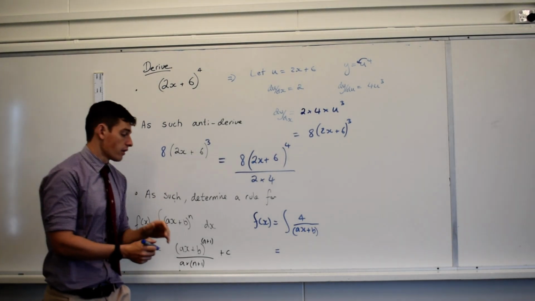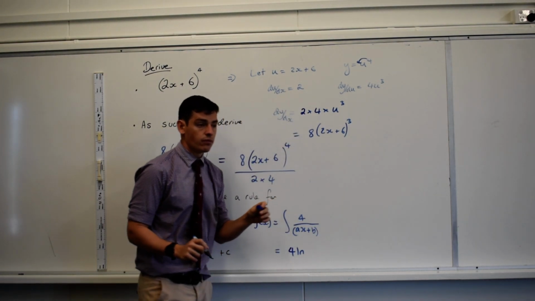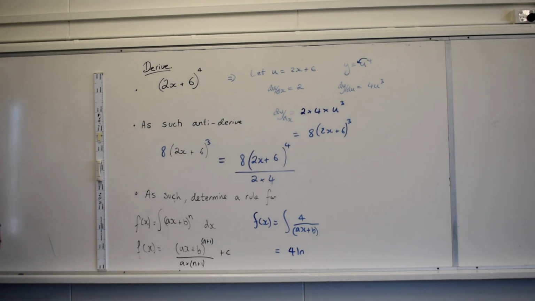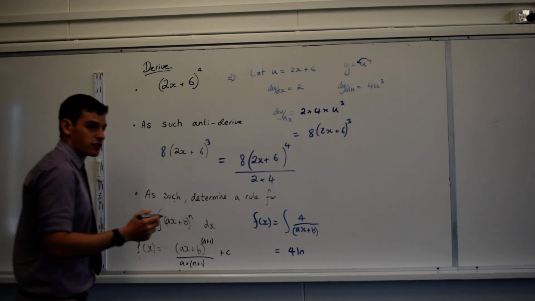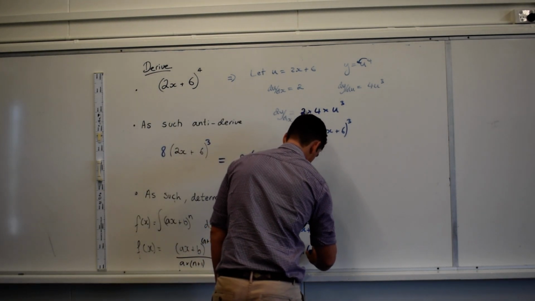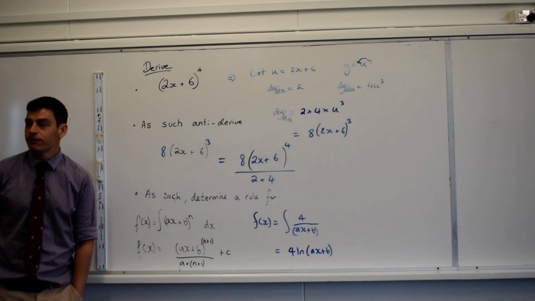It's going to be natural log, ln. So it'll be 4 ln. What do we think is going to replace it? In all these rules, does the thing inside the bracket change? So that's going to stay there, isn't it? It's going to be ax plus b. Am I done?